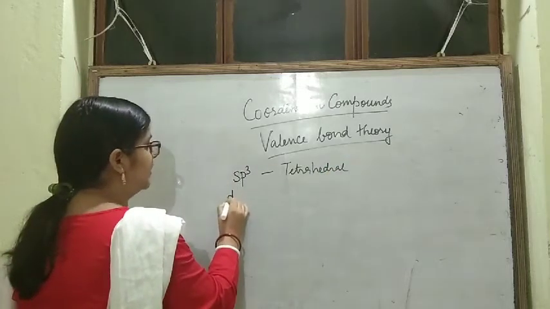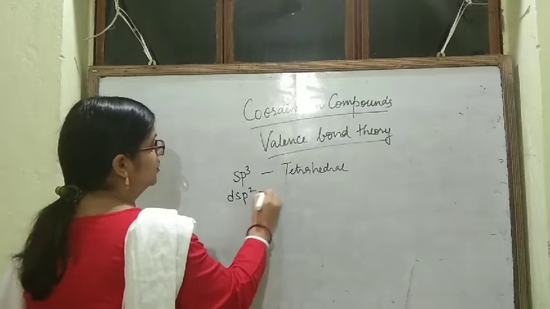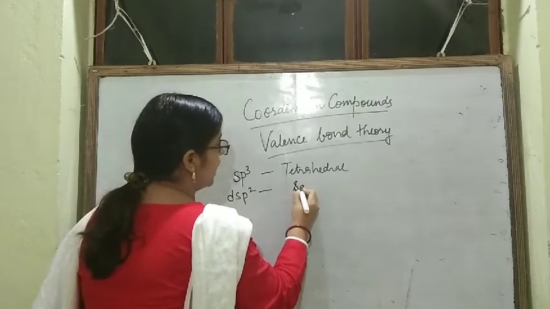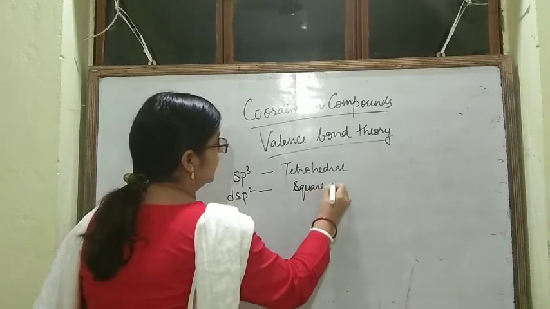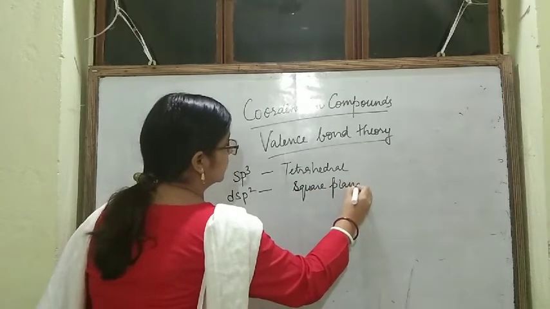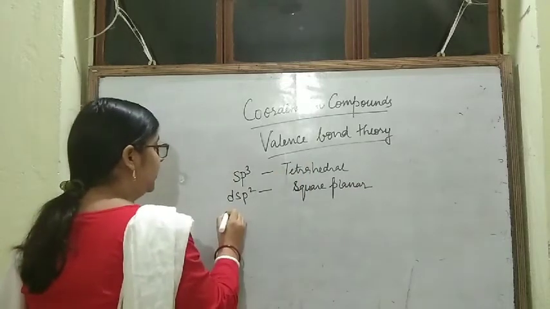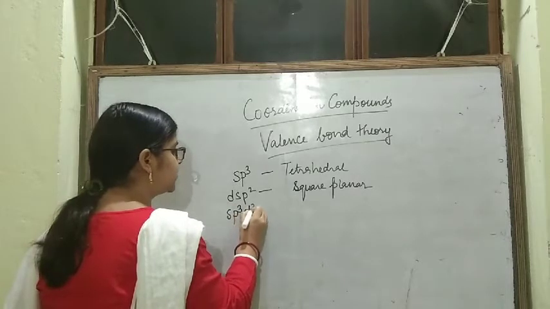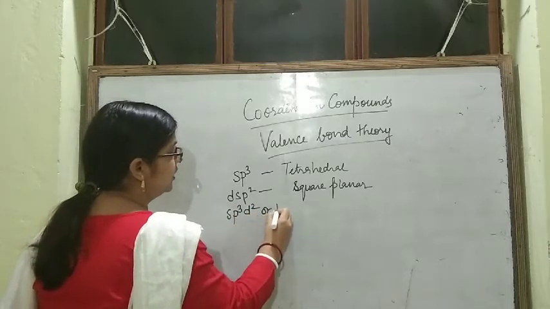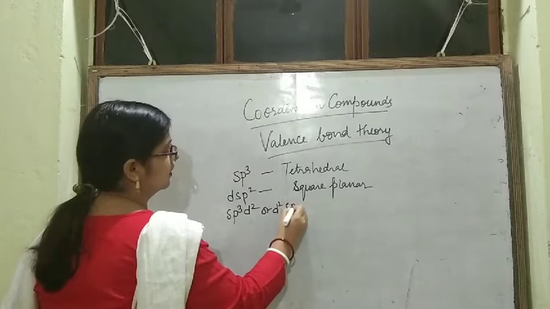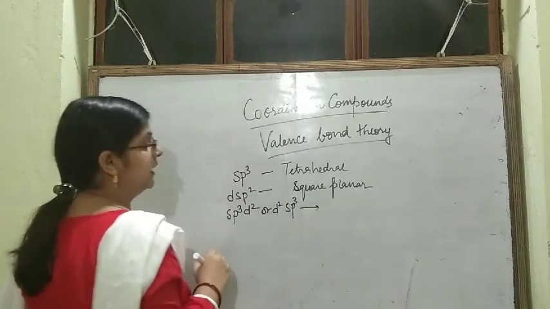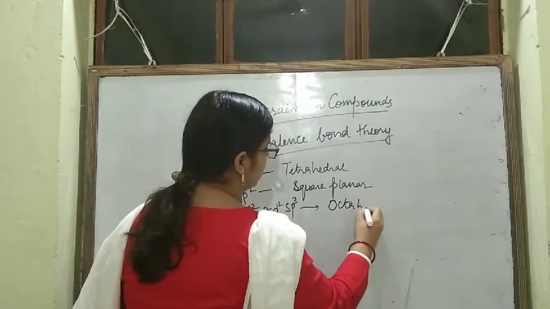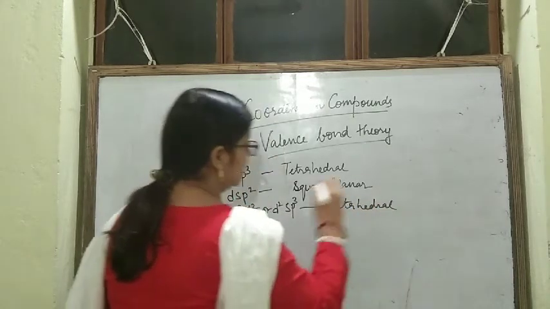If the state of hybridization is dsp2, then the geometry of the complex compound will be square planar. If the state of hybridization is sp3d2 or d2sp3, then the geometry of the complex is octahedral.